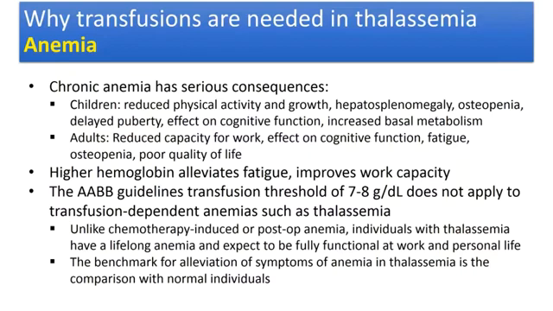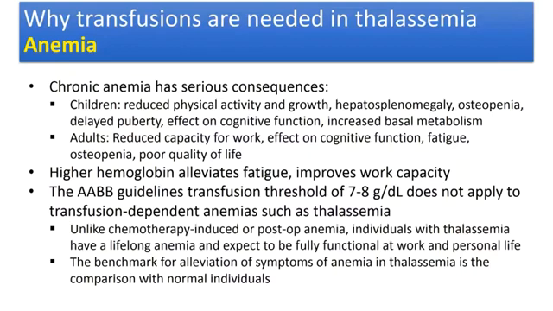It is evident that higher hemoglobin will alleviate fatigue and improve work capacity. There are general guidelines that have been published by many different societies, including the AABB, the Blood Bank Society, which presents a transfusion threshold of 7 to 8 grams in hospitalized patients.